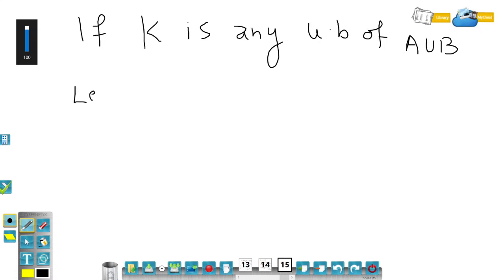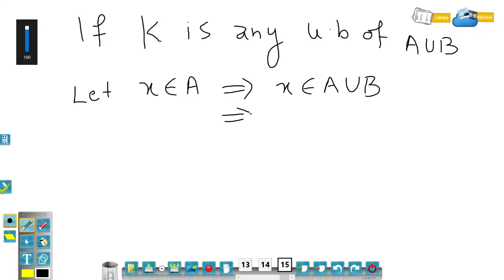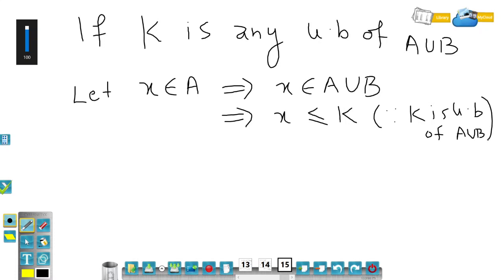So let x belong to A. That would imply x belongs to A union B. That would imply x is definitely less than or equal to k, since k is an upper bound of A union B. So what I got is, if any x belongs to A, then x is less than or equal to k.